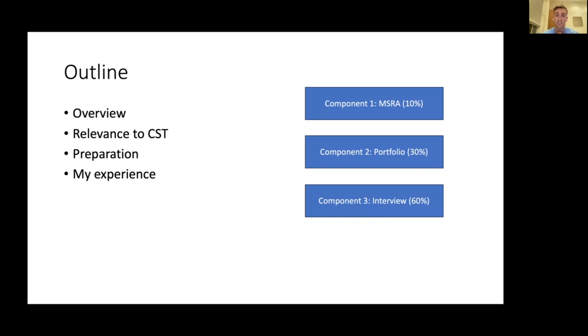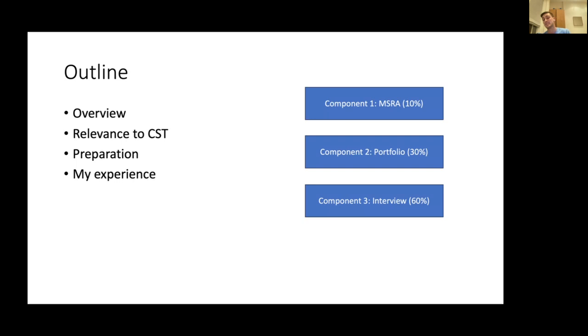On the slide, I've summarized the 3 components of your core surgical training application: the MSRA, the portfolio, and the interview. In brackets, I've put how much each contributes to the overall score.